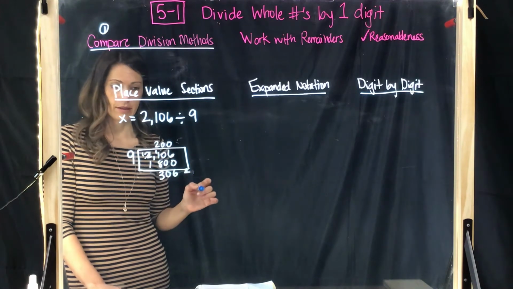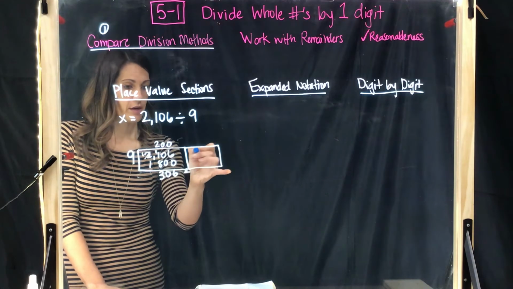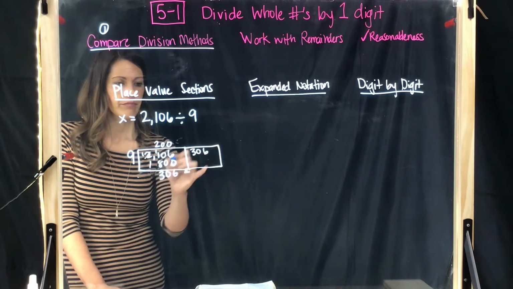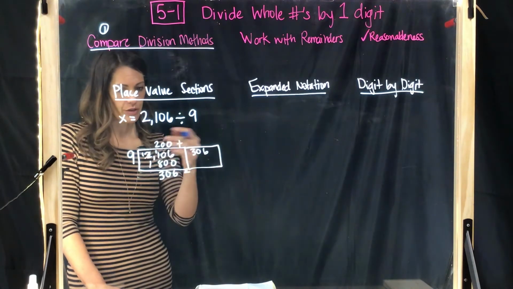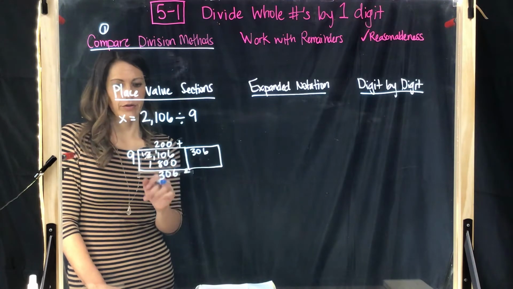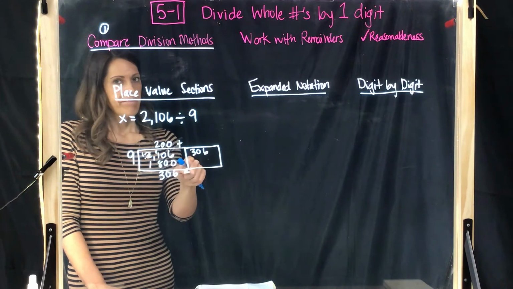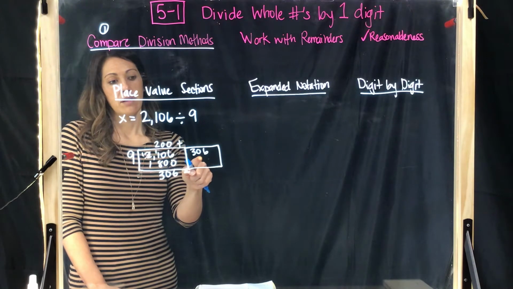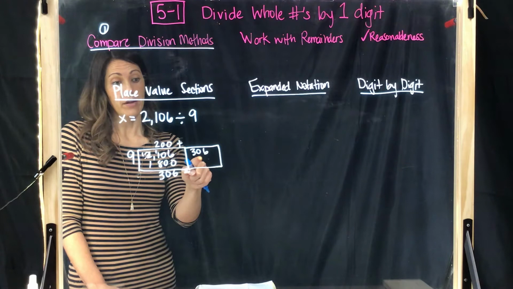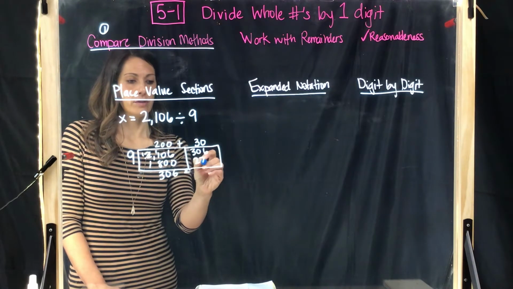I get 306. So I'm going to, again, make another box, put my 306 inside, and I'm going to add the next quotient that will go into 306. So let's see. 9 goes into 3. No, 9 goes into 30. Well, 9 times 3 is 27. So 9 times 30 would be 270.